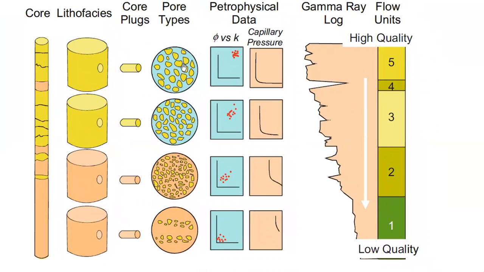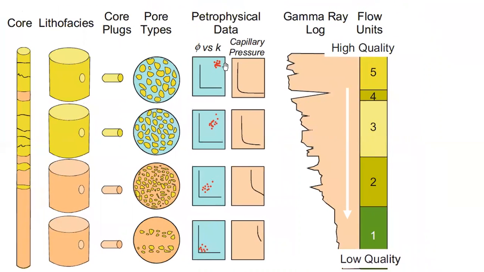Using this permeability and porosity data from each measurement, we create this plot. From the petrophysical data, we can create this plot for porosity versus permeability. For the first rock, we have poro and perm here: porosity high, permeability high, and quite homogeneous.